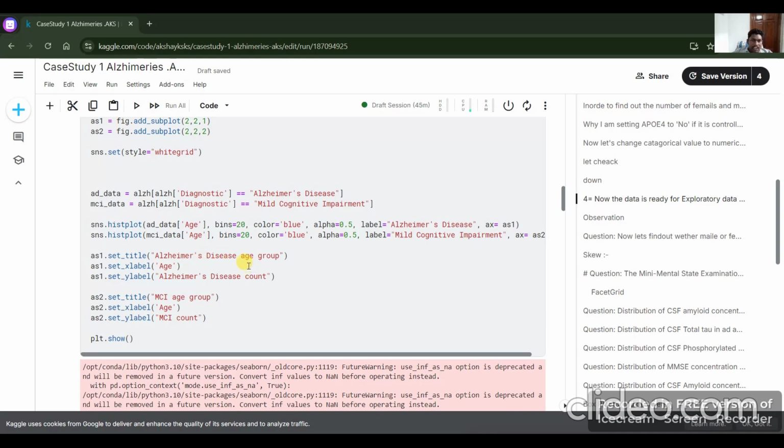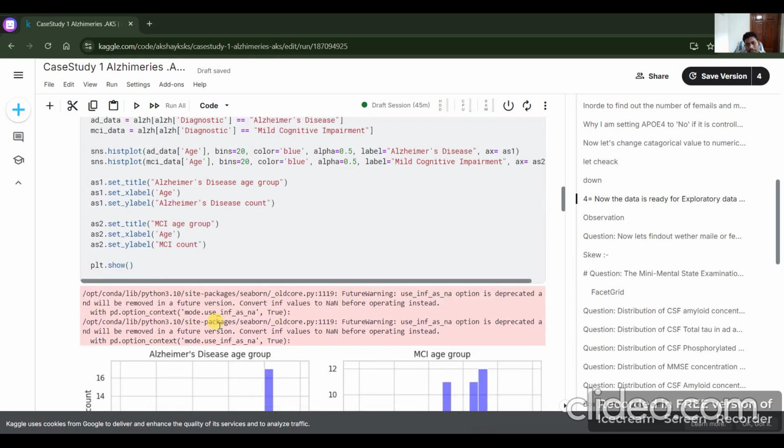Then we set the title age group, set X label age and Y label Alzheimer's disease count, and set title MCI age group with X label age and Y label count.